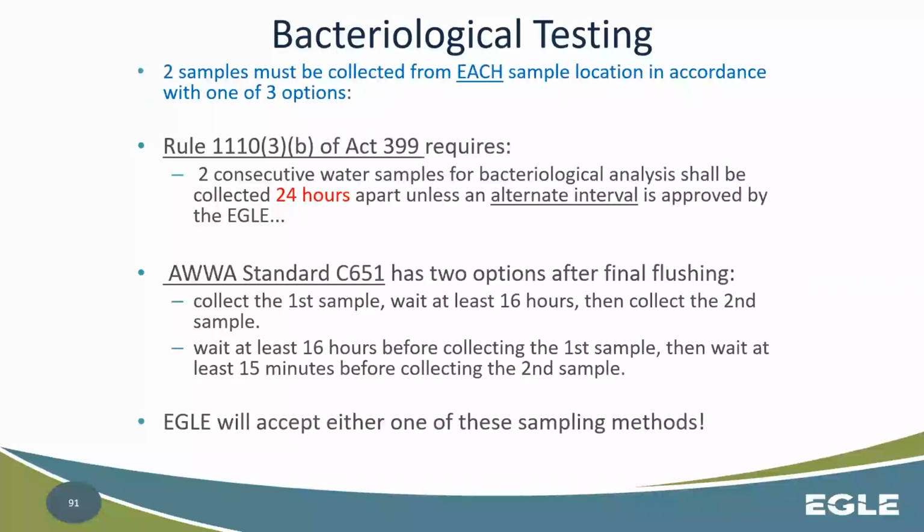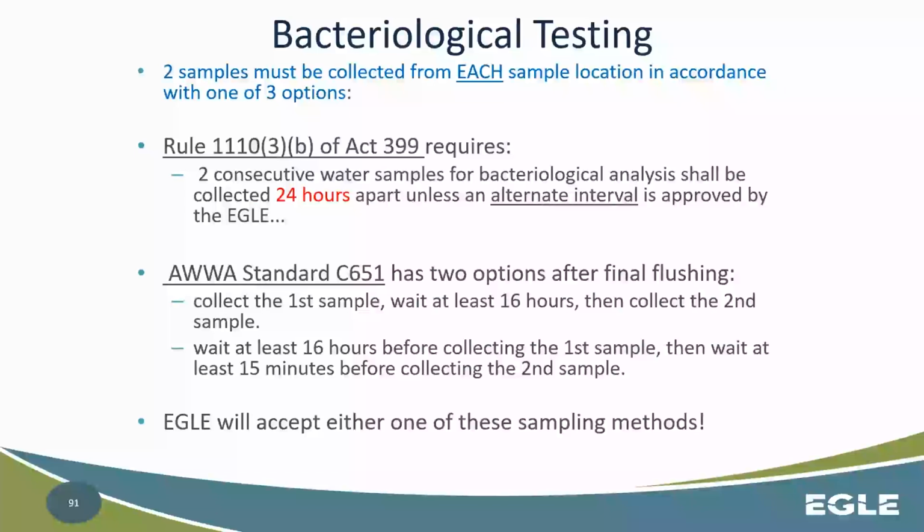So this is why I'm saying there's potential that you can do something else. There are other options here for doing bacteriological testing. Act 399 specifies 2 samples 24 hours apart. That's pretty much the normal. It's really easy to remember, in my opinion, easy to say, but there's also that opportunity for another alternate approved method. Okay, and Eagle has already come out and said that we accept the AWWA standard C651 options as well.